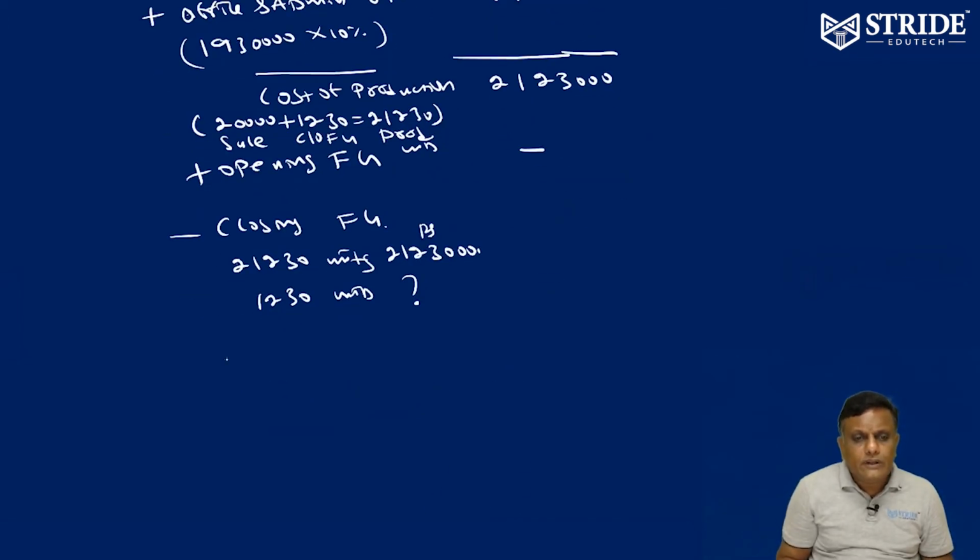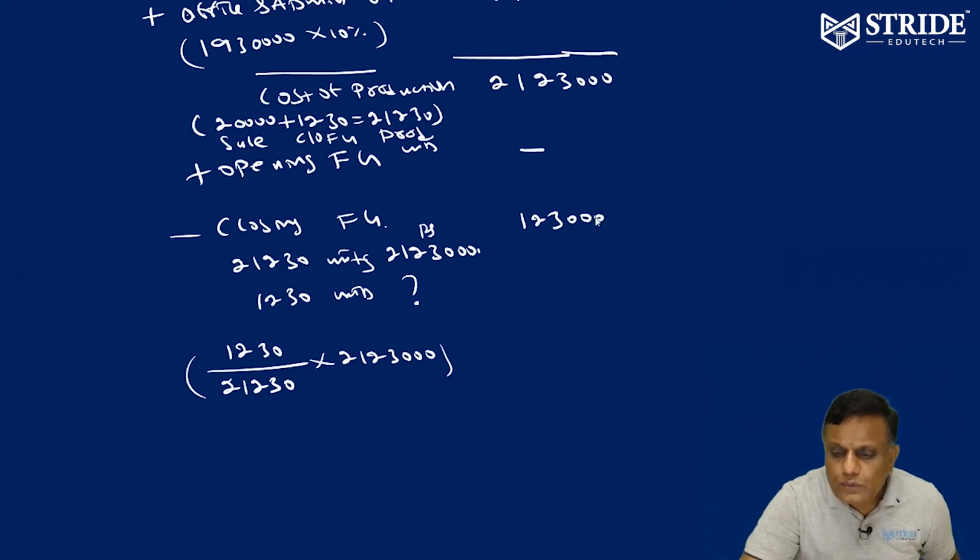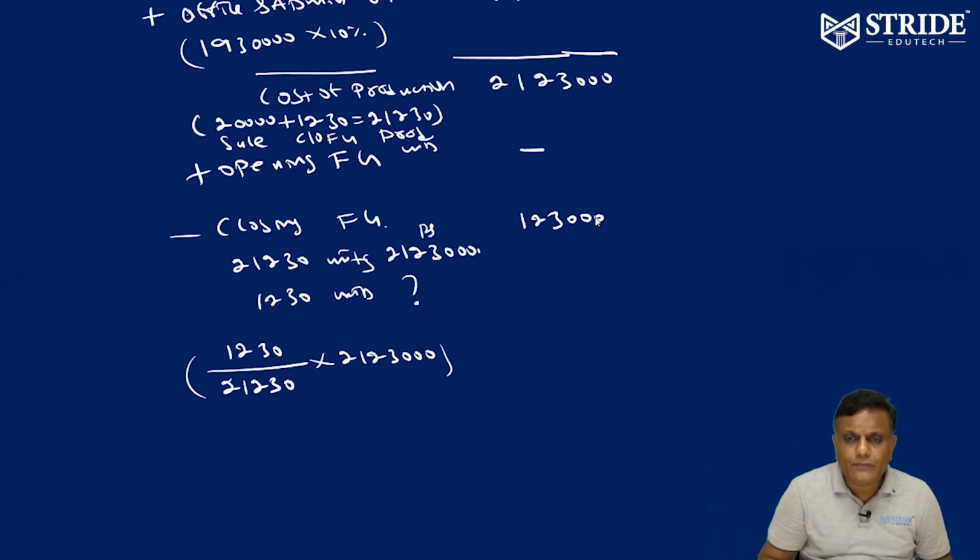Here 1,230 will go up, and 21,230 will come down, into 21,23,000. So the answer for closing FG is approximately 1,23,000. Right, so this item you have to subtract.